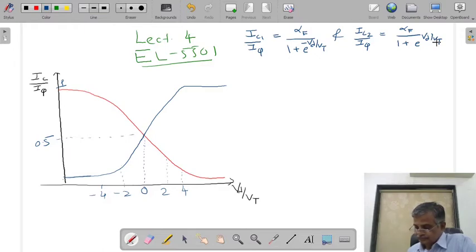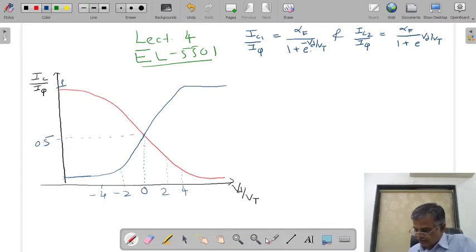Now look here, when Vd by Vt is 0, e raised to 0 is 1, and alpha F nearly tends to 1, so 1 upon 1 plus 1 is 1 by 2, so 0.5.